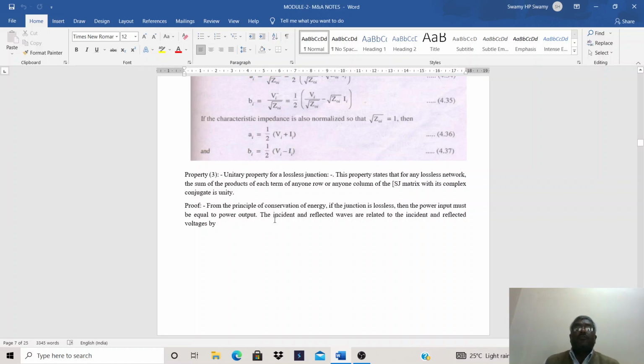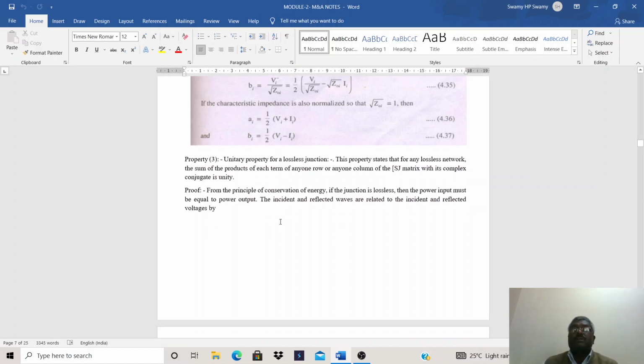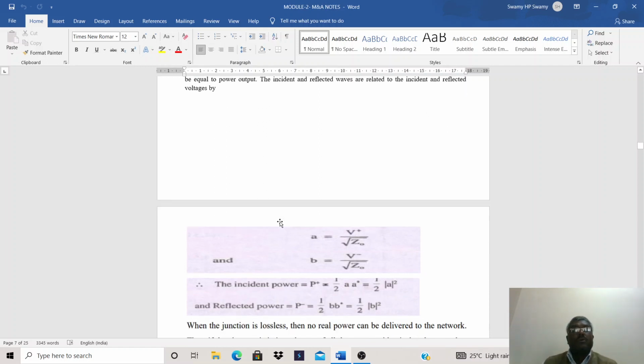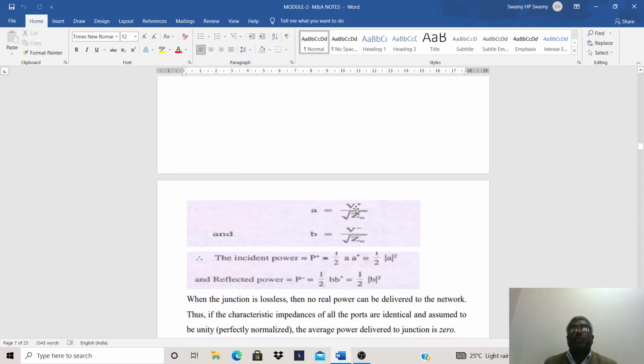From the principle of conservation of energy, if the junction is lossless, then the power input must be equal to the power output. The incident and reflected waves are related to the incident and reflected voltages by a = V+/sqrt(Z0) and b = V-/sqrt(Z0).